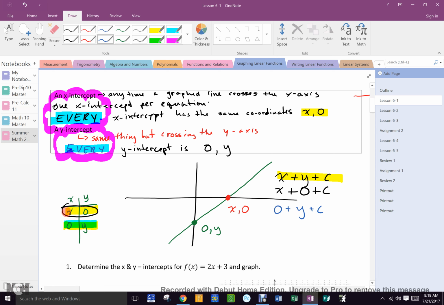Because the first one, we had 0 for Y, but we didn't know X. For the second one, we had 0 for X, but we didn't know Y. Okay?